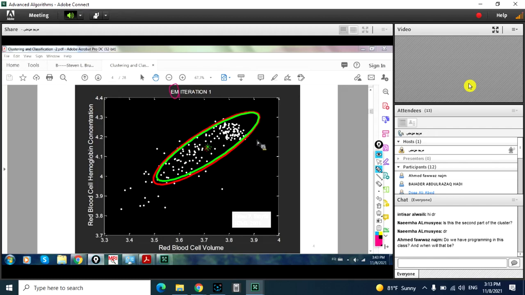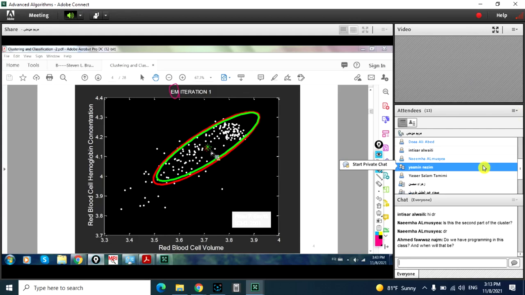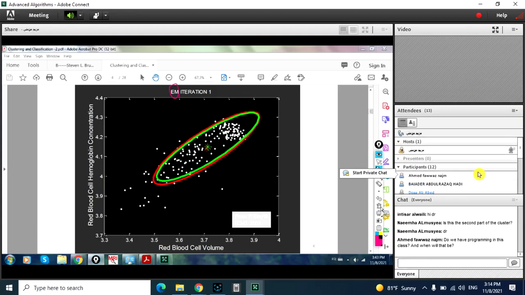But our way is that, again, I repeat it. At first, we have some data. We initialize the Gaussian parameters, for a Gaussian distribution, mean and variance.